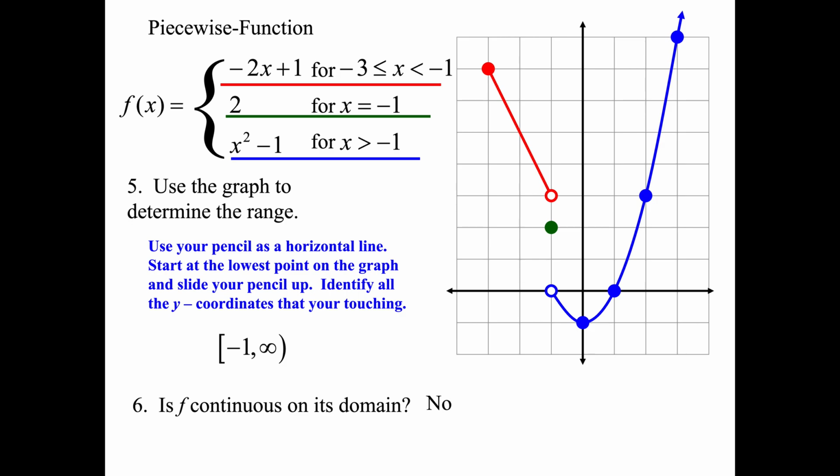Oh, wait a minute. Here's a big time saver. X-intercepts. Once you have the graph, can I see where it crosses the x-axis? Yeah, it's right here at (1, 0). I don't have to test the first function, second function, or third function. I can see it right here.